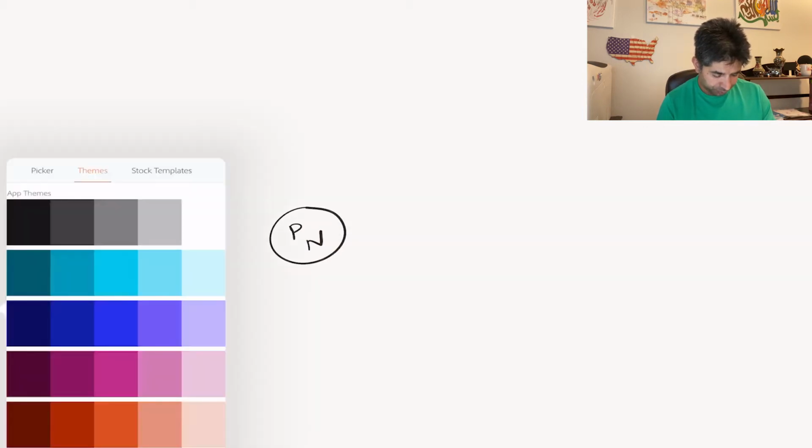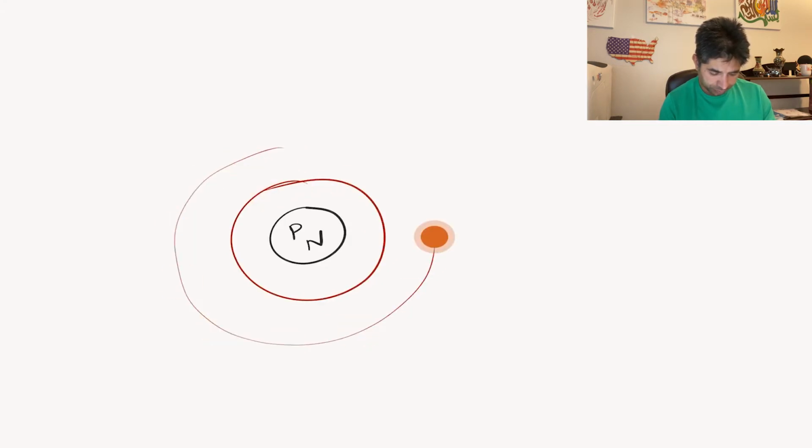And then outside, we have electrons. Okay, we have different shells. Shells are the orbits. Not orbits in the sense that the Earth revolves around the sun.